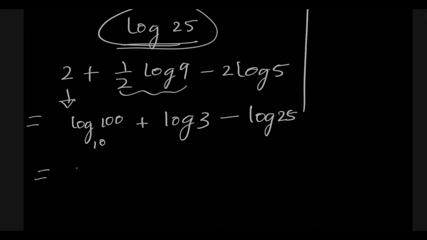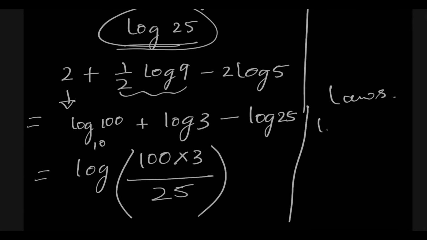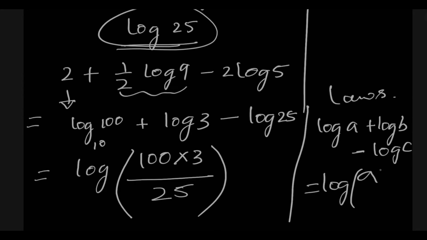This is nothing but log of 100 into 3 divided by 25. How did I get this, using the laws? Which law am I applying? Log A plus log B minus log C is equal to log of A into B by C. I'm applying this law.